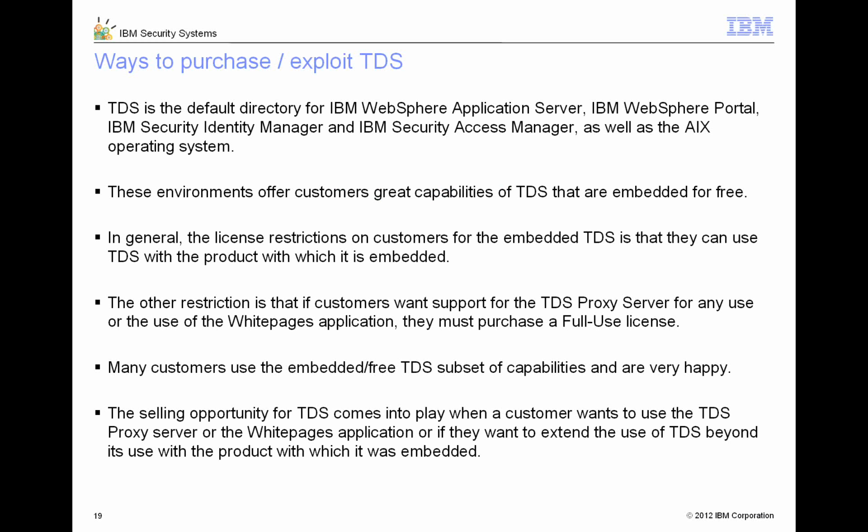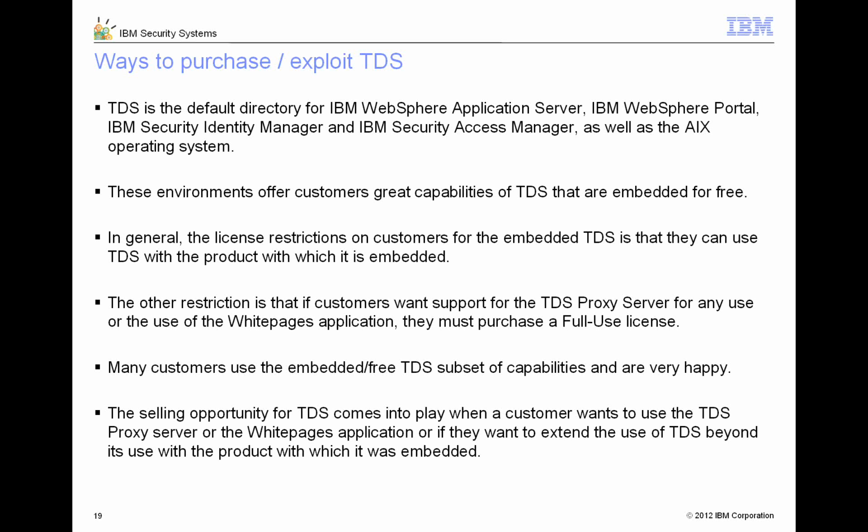But to start, I'd like to talk about how there are different ways to purchase or exploit TDS. Right? As I mentioned earlier, TDS is a default directory for different IBM products such as WebSphere Application Server, Portal Server, IBM Security Identity Manager and Access Manager, and it is also the default directory that comes bundled with the AIX operating system.